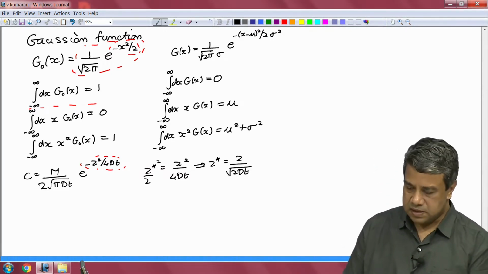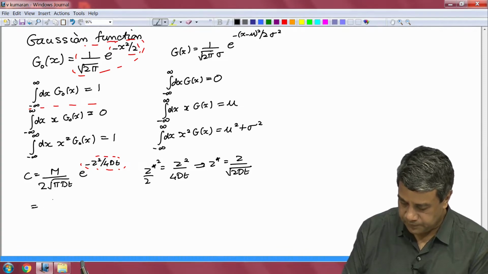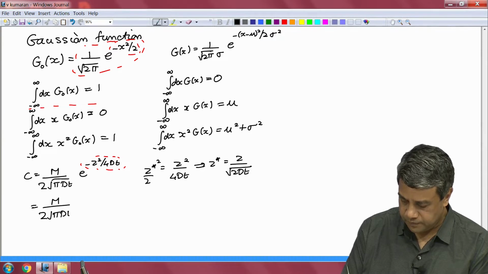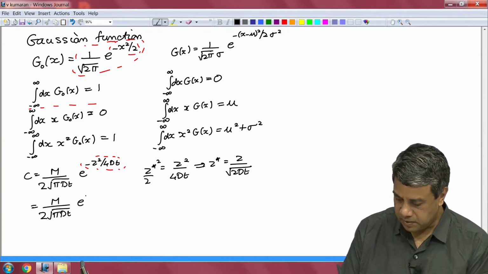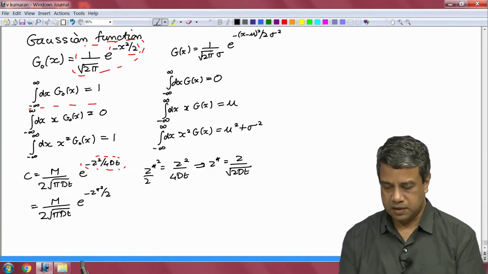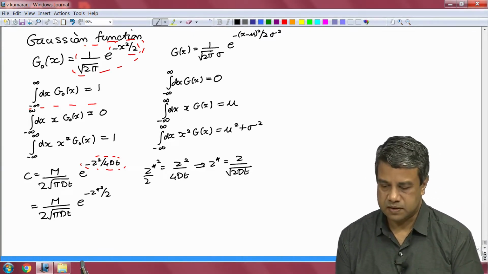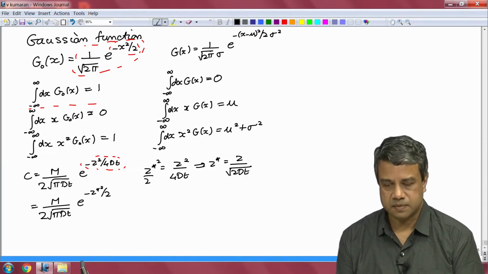Once I do that, then C becomes something into e power minus z star square by 2. So, this becomes of the Gaussian form.